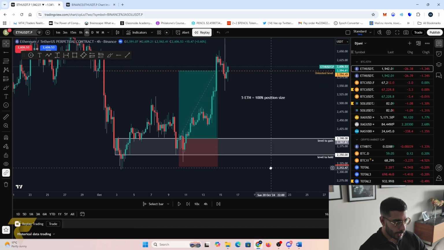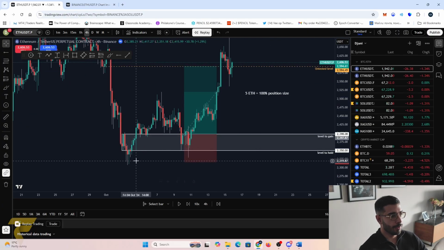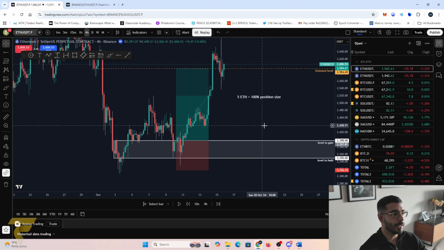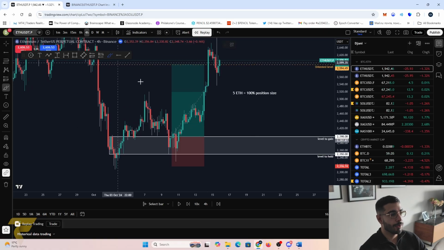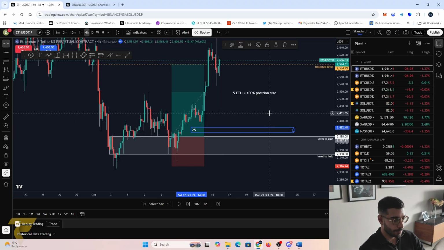However, let's say we are interested in positioning ourselves on the level. We have the invalidation, we have our take profit level, we've got the necessary information in order to come with a good trade. However, we want to apply 25%, of course, of our total position size. So in this case, it would be 25% of 5 ETH, which is 1 ETH.